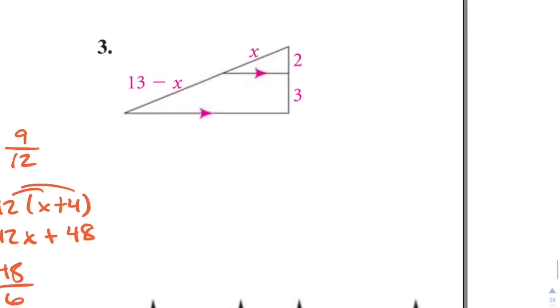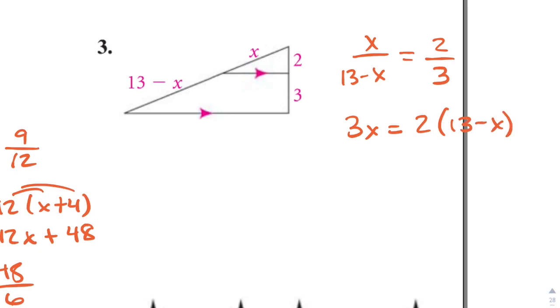And last one, x over 13 minus x equals 2 over 3. 3x equals, distribute to both terms. Add 2 to both sides.